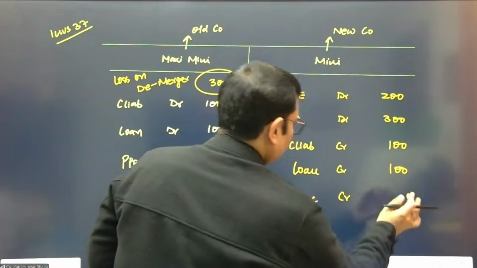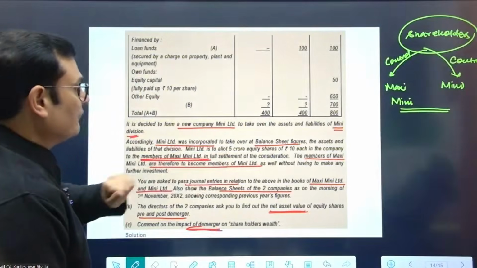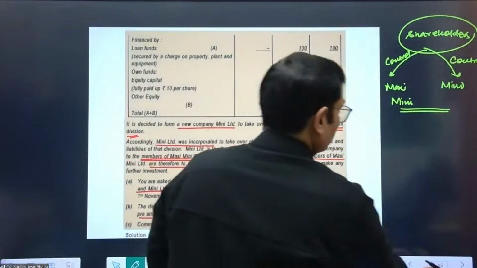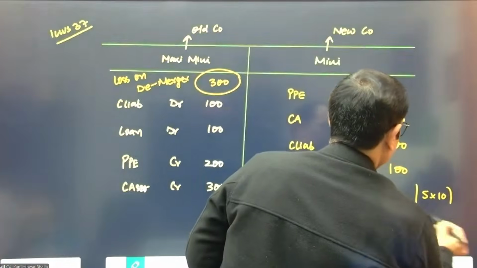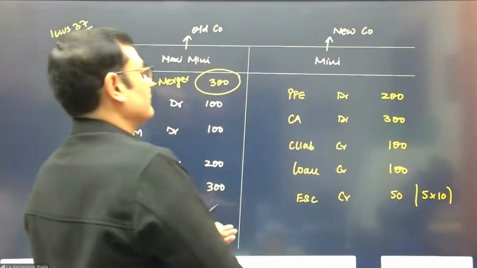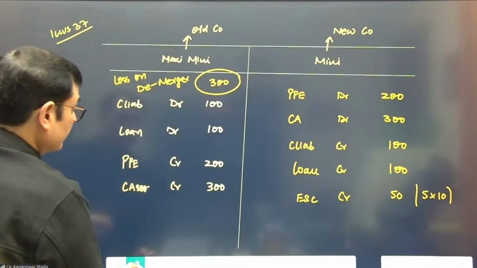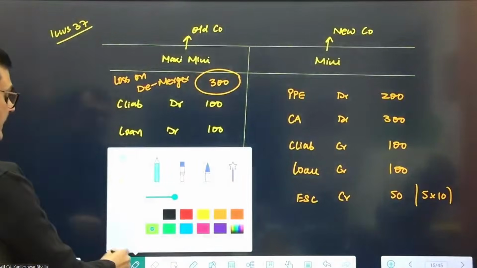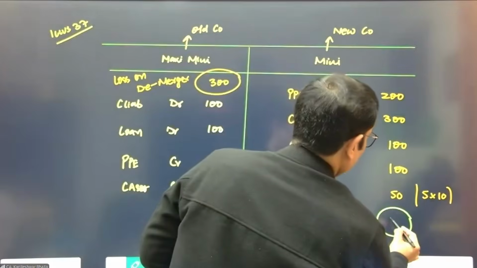And how many shares is he allotting? He is allotting a total of 5 crore shares of 10 each. So the consideration is given in the form of 5 crore shares of 10 each, and that works out at 50. Here again, the balancing figure in this entry is going to be taken to equity itself. So here I think we're going to get a difference of 250.